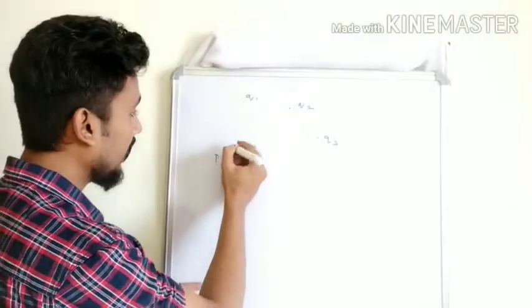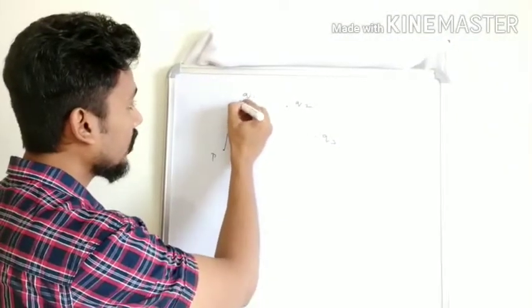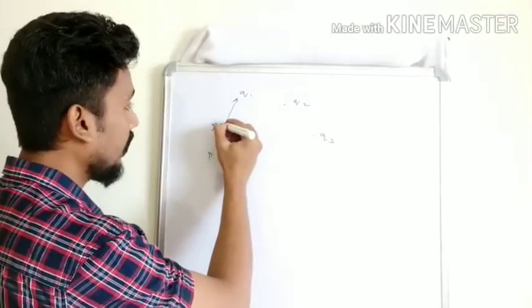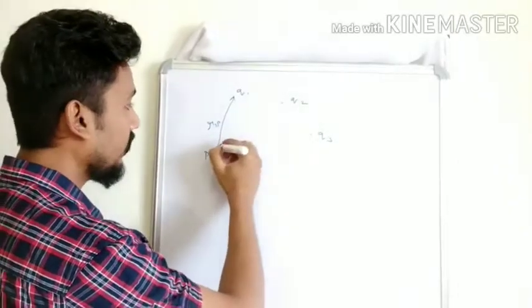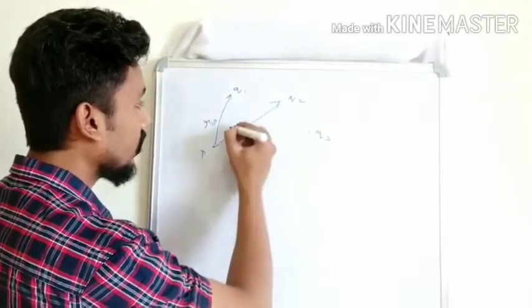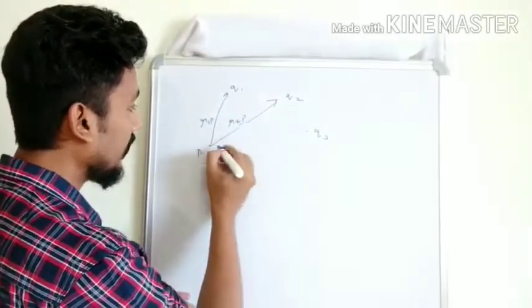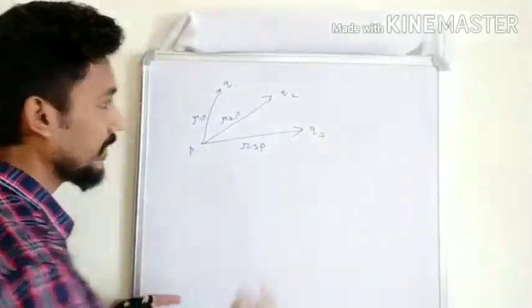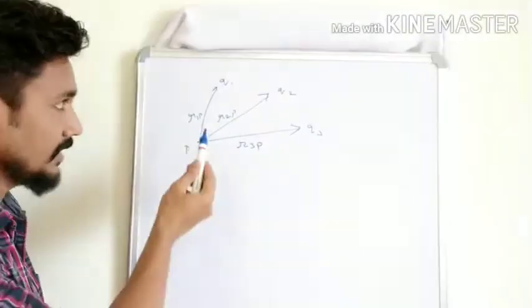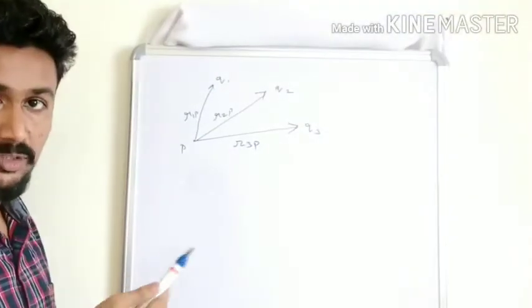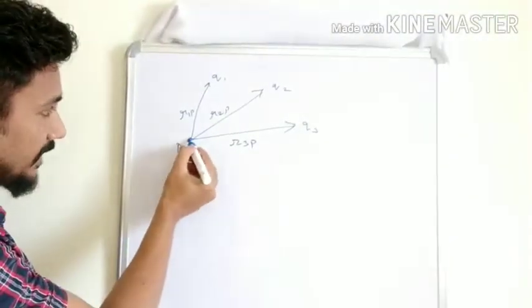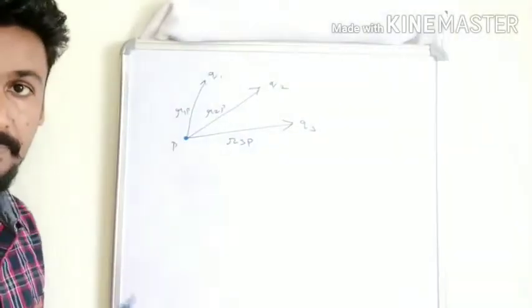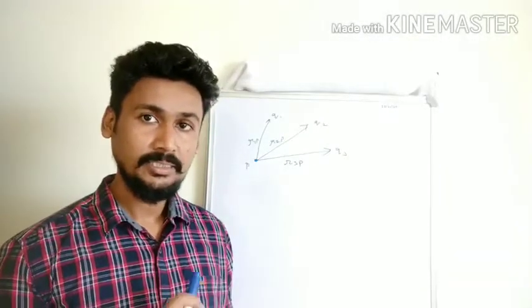We will make a position vector from P going towards Q1. Let us call that R1P. Then from P to Q2, let us call that R2P. Then towards Q3, we will call that R3P. So this is the situation and our task is to find out the potential that is going to develop at point P.